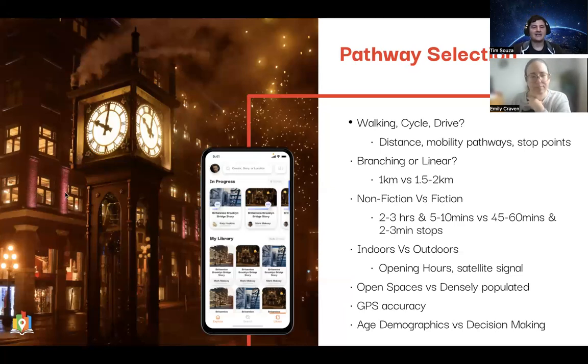And then I guess the last piece here would be age. When we talk about age demographics and decision making, knowing who your audience is and where you are taking them is incredibly important. And this is going to bridge into safety as well. Make sure that your paths are having people cross at safe locations, i.e. crosswalks, if they're crossing a street, and try to avoid as many street crossings as possible.